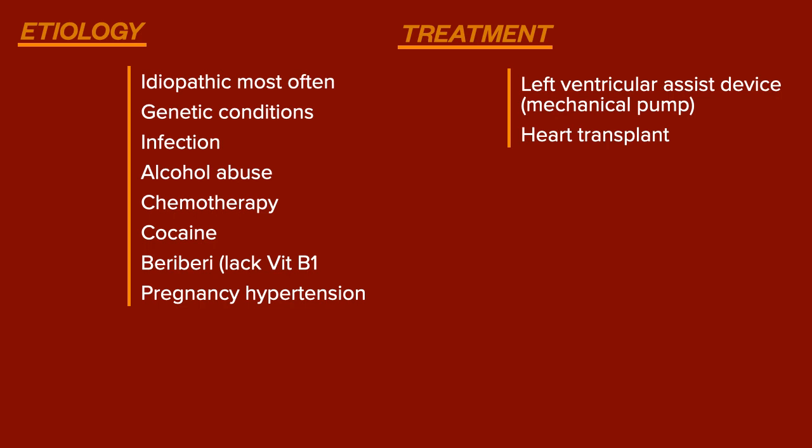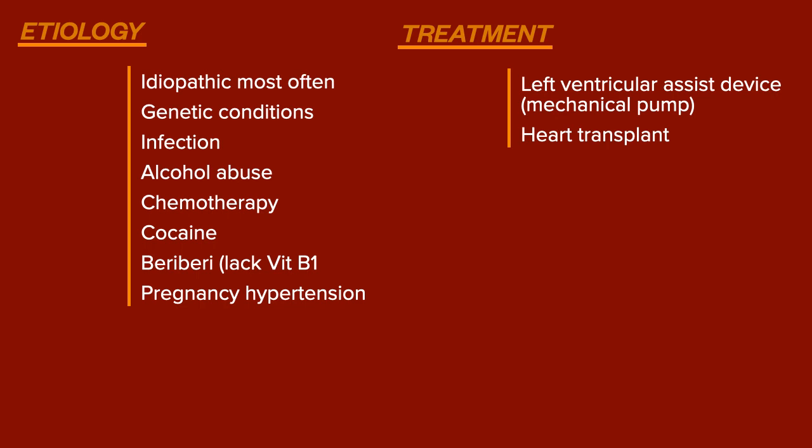As far as causes go, primary dilated cardiomyopathy is most often idiopathic. But some causes, however, can be traced back to specific genetic mutations or genetic conditions such as Duchenne muscular dystrophy. Also, in some cases, it can be caused by an infection.